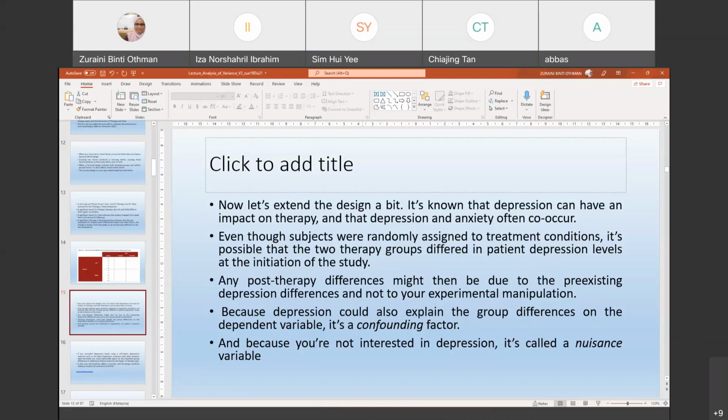We call it a confounding factor. Whether that particular person already has depression, we want to know their depression level. Maybe this depression level has an impact on the treatment that they have to attend. And because we are not interested in depression itself, it is called a nuisance variable.